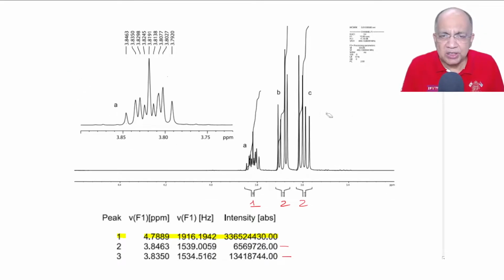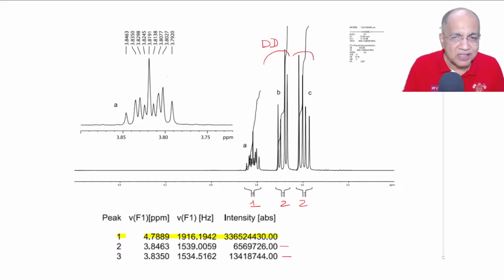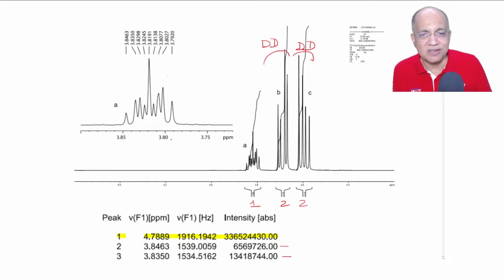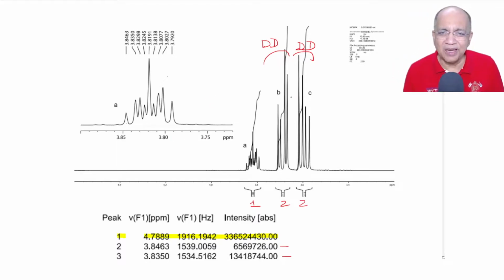Now these two are doublets of doublets. Very simple, no ambiguity. This is a DD, and this is also a doublet of doublets. Of course, they have lost a bit of the first order nature, which happens when the peaks are close. We have to bear with that.